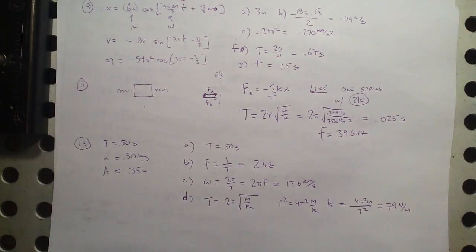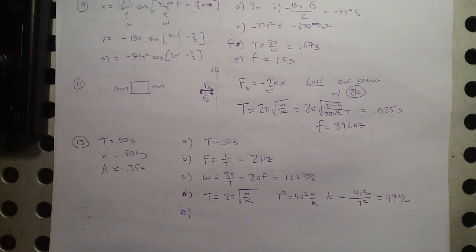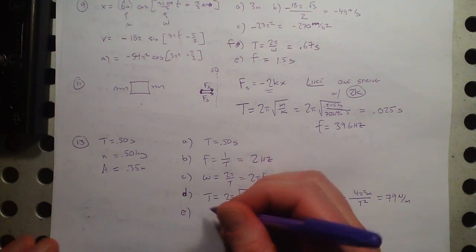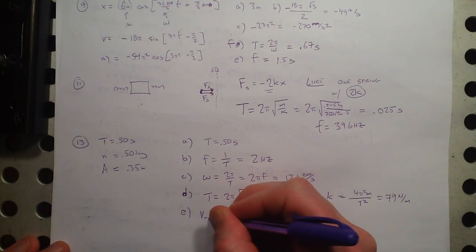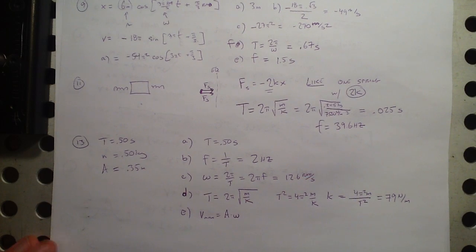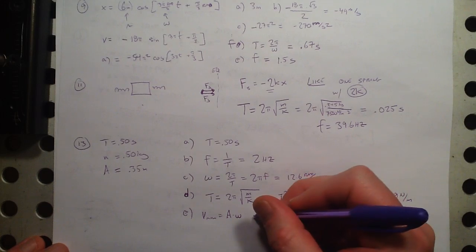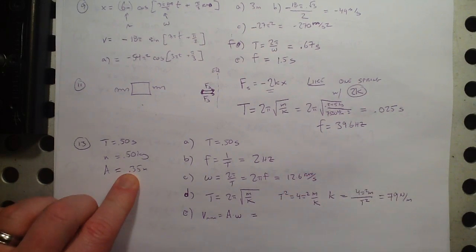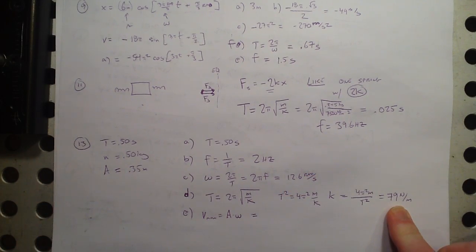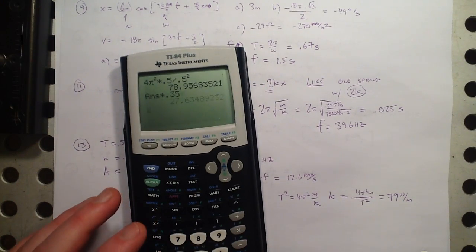And then E, what's the maximum speed? We saw that in earlier problems. Vmax is equal to the amplitude times omega, because that's the amplitude of the velocity function. So amplitude times omega, 0.35, times what we just got there.